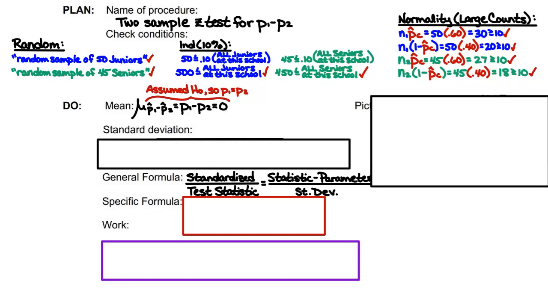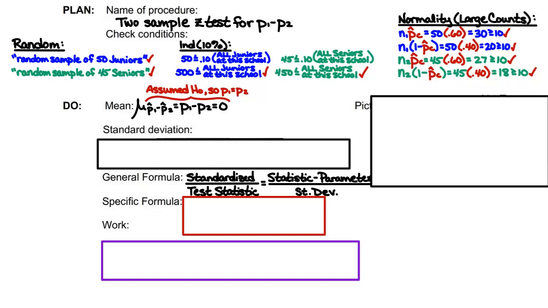How do we calculate standard deviation when I've got two populations? So super close. And the only thing that's wrong about that, and this isn't something that we've talked about yet, so I didn't expect you to know this, is that because we use p hat combined for our large counts, we use p hat combined for our standard deviation.